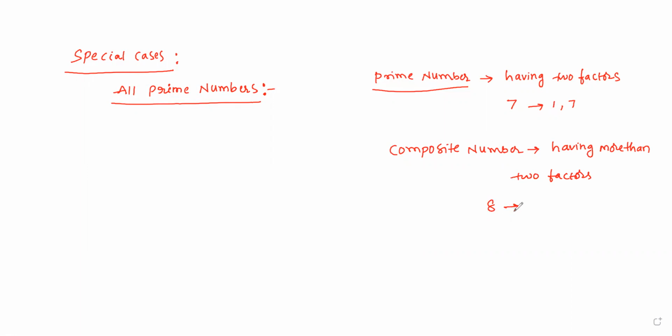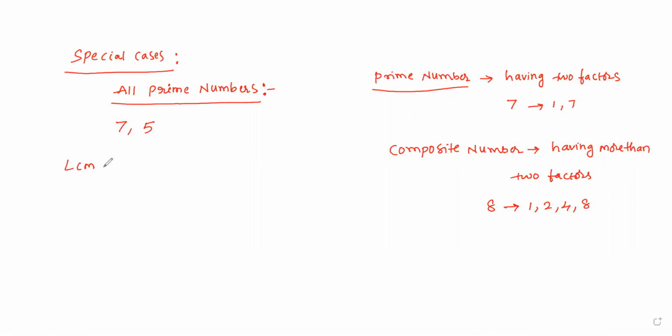If you see the divisors of 8: 1 table, 2 table, 4 table, 8 table. More than 2 tables come, so this is not a prime number. Let me take a few prime numbers here, like 7, and 5. Let us talk about one by one.